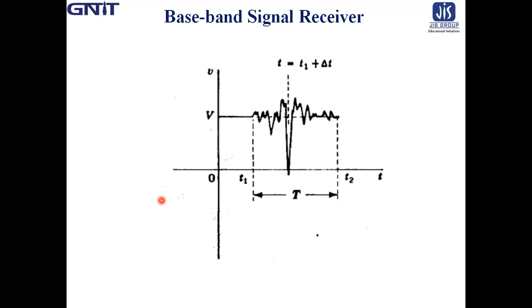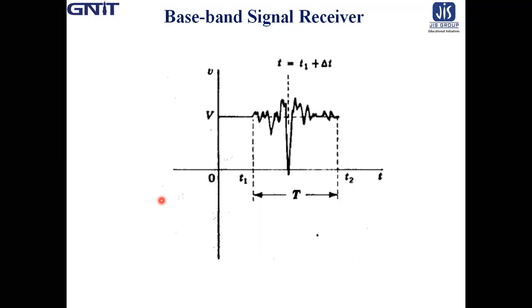Again, I am repeating: if the sample value is positive, then the transmitted voltage is interpreted as plus V, and if the sample value is negative, then we interpret the transmitted voltage as minus V. Then there is no question of errors.